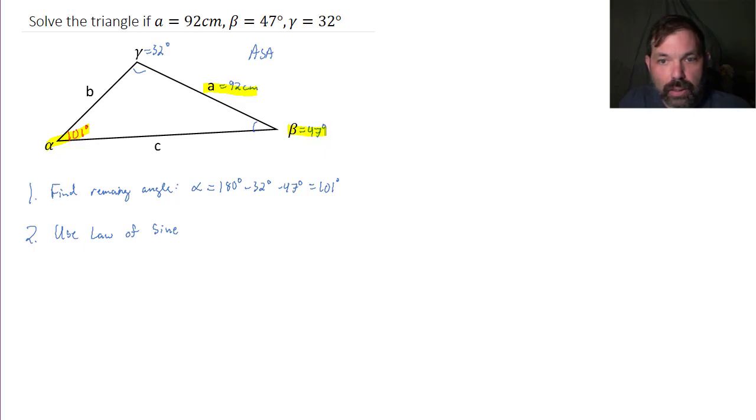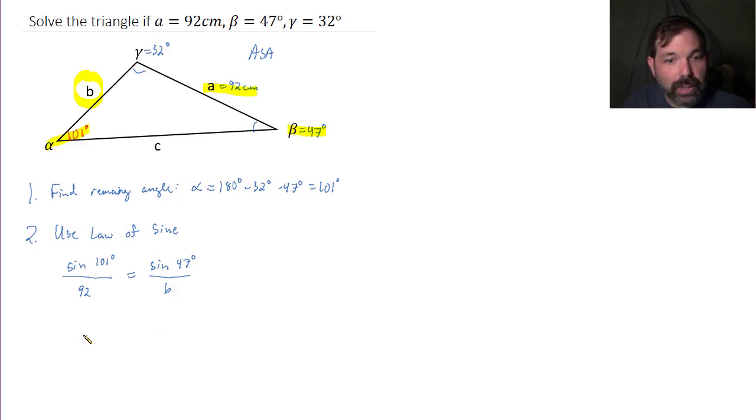I have beta, so I can use the law of sines to solve for B. So let's set up the law of sines. The sine of 101 degrees is to 92 centimeters, as the sine of 47 degrees is to the unknown measure B, the opposite side.